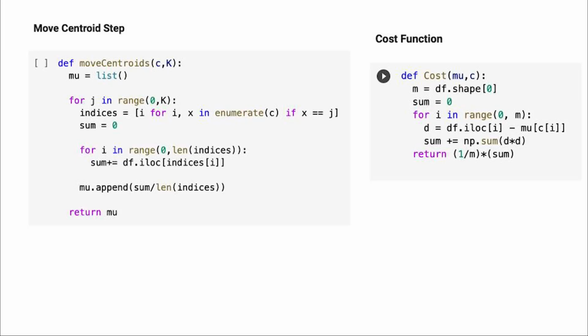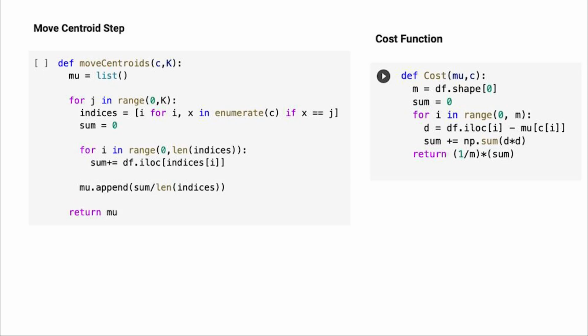If in the list C we have the value 0, give me the index. So basically, just give me the address of the training examples which are accepting me. So we get all the indices, all the addresses of the instances, because we have the indexes of the training examples.